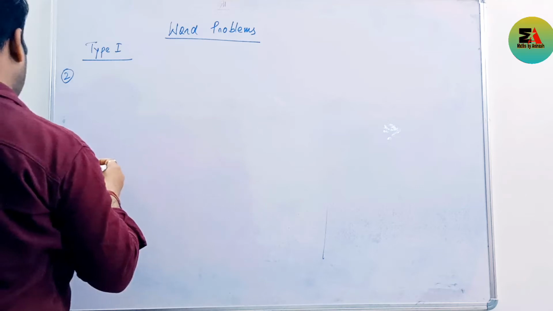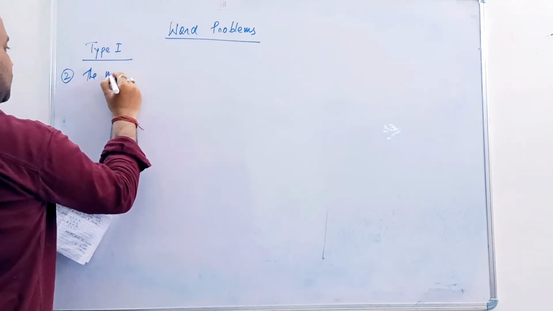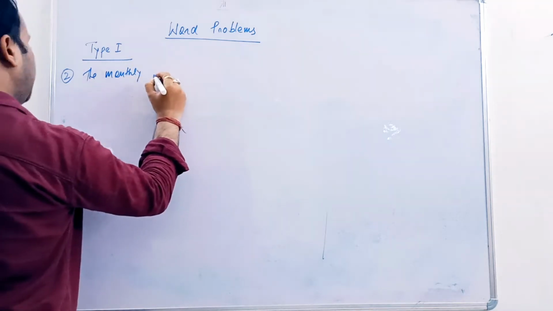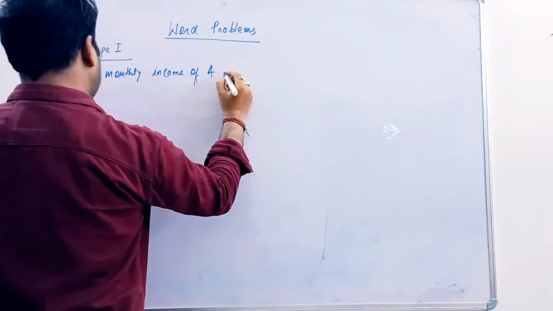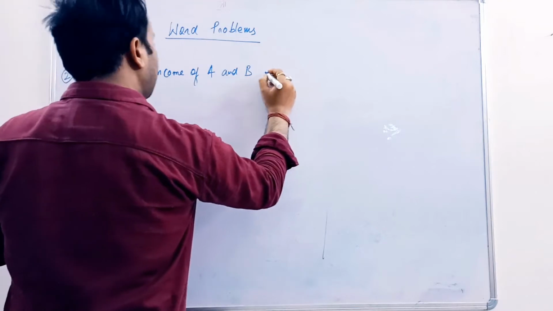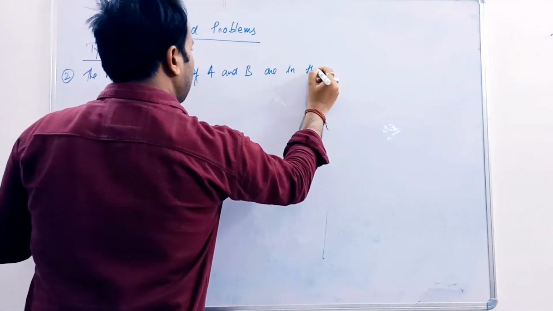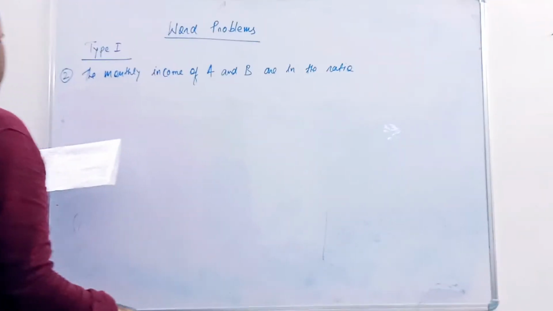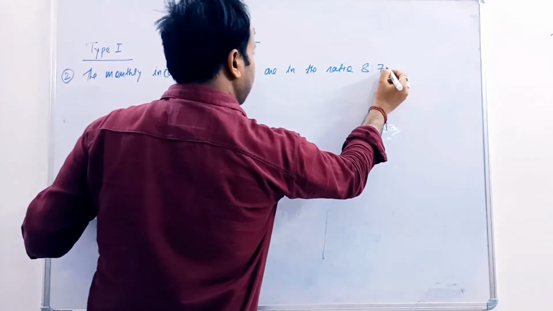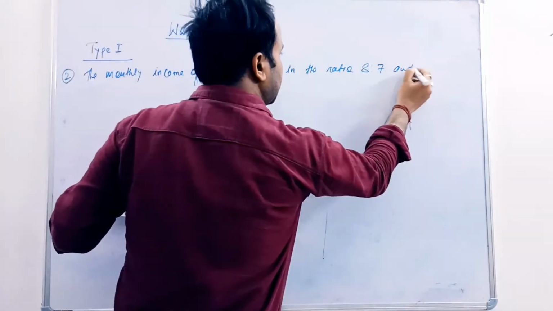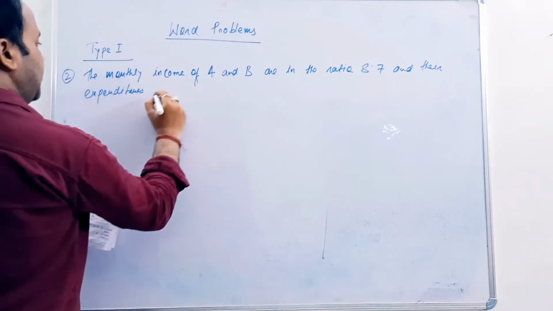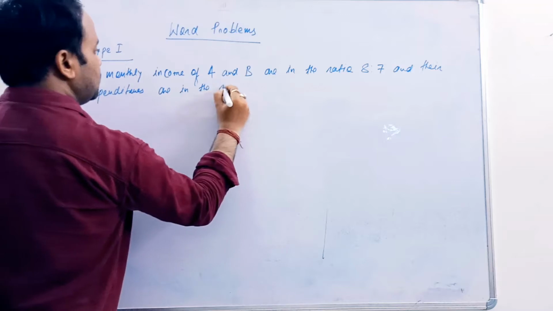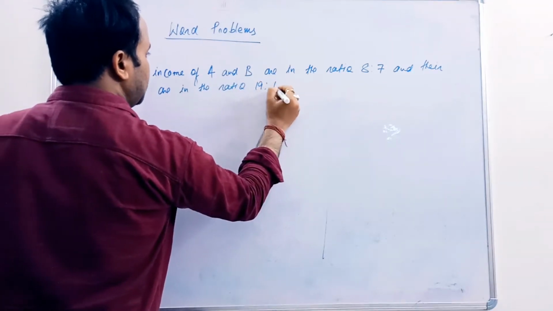This is question 2. This is one of the most important questions. The monthly incomes of A and B are in the ratio 8:7 and their expenditures are in the ratio 19:16.